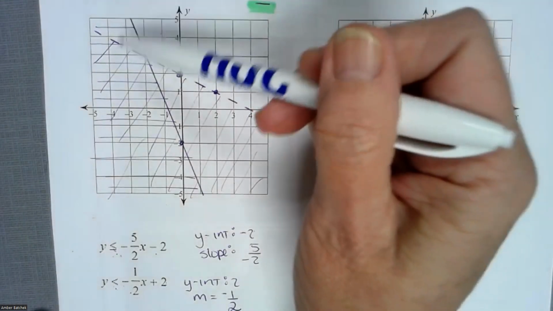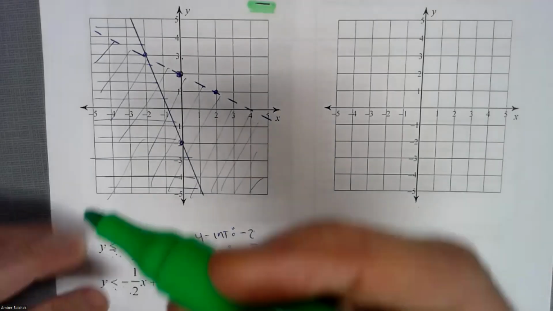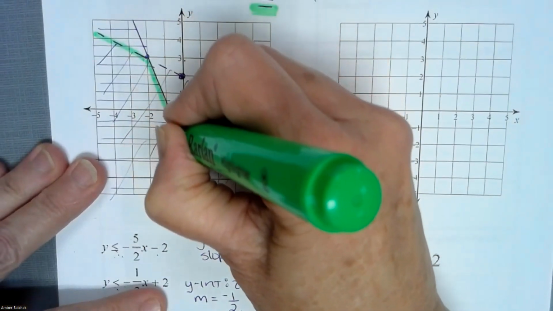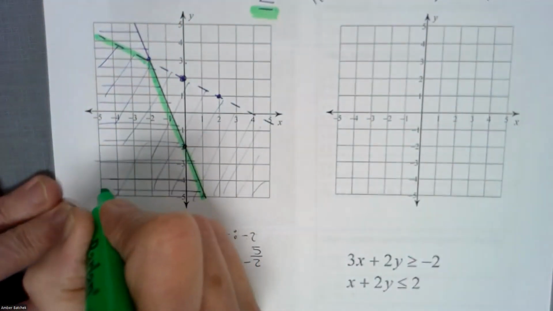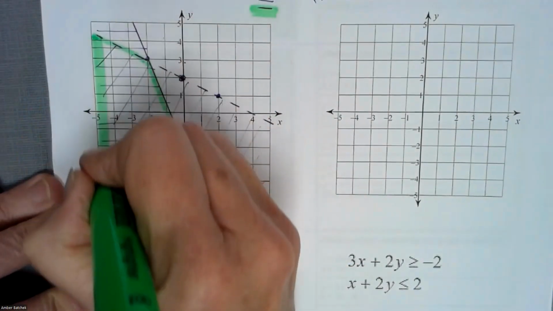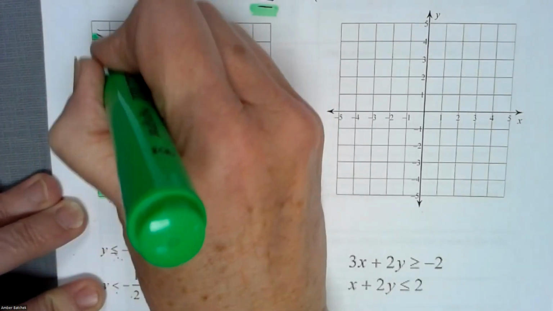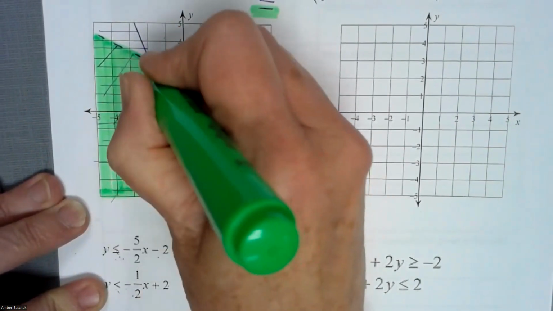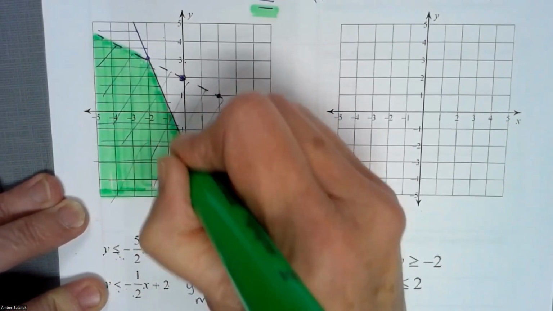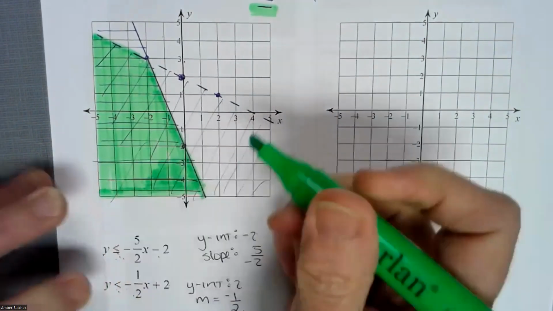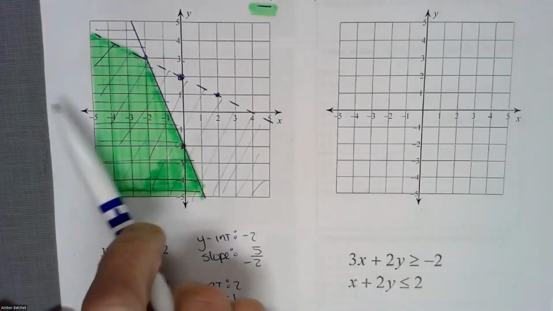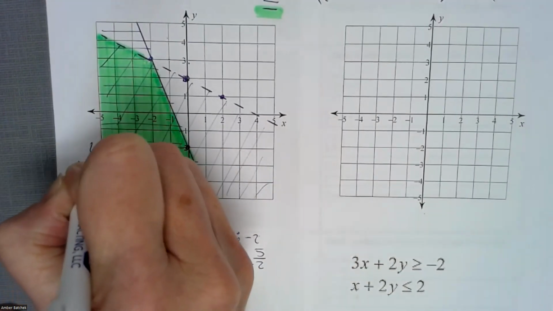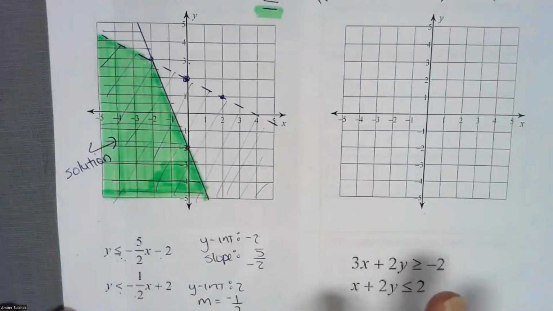So if you notice where the shadings actually come together is right here. Okay. And this is where all the solutions lie. So these are where the solutions lie to the system of inequalities.